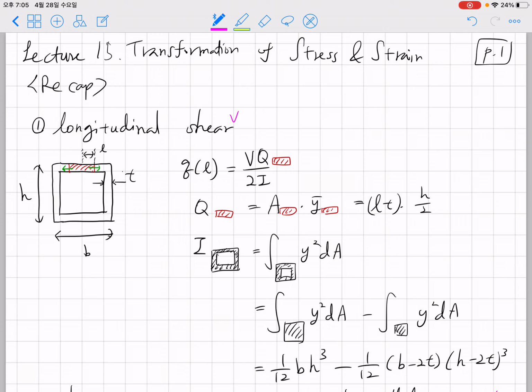So I told you that even though we apply a vertical shear force V, we can have a shearing stress in the longitudinal direction, orthogonal to the shear force direction. The reason is the mechanical equilibrium analysis, right? To satisfy mechanical equilibrium, we need some support force from these two sides, because at least for this case we don't have any force on top and bottom.